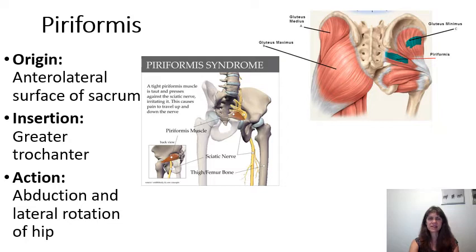Sometimes the sciatic nerve can get pinched underneath the piriformis muscle if the piriformis muscle is too tight, and that is referred to as piriformis syndrome. It's not as common as people think it is. Usually piriformis syndrome may be misdiagnosed due to other things that are going on with the musculature that is acting in concert for hip motion.